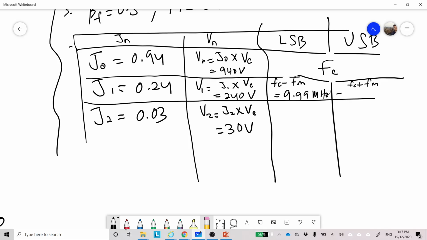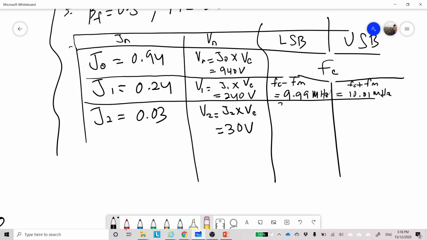So this is supposed to be 10 mega plus 10K. Akan dapat 10.01 megahertz.